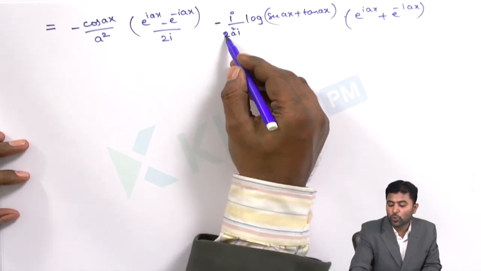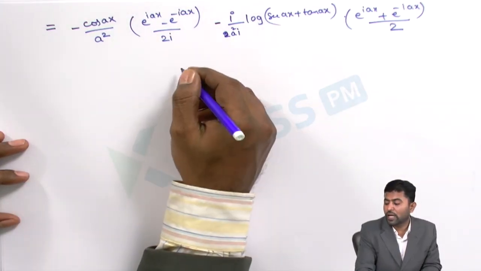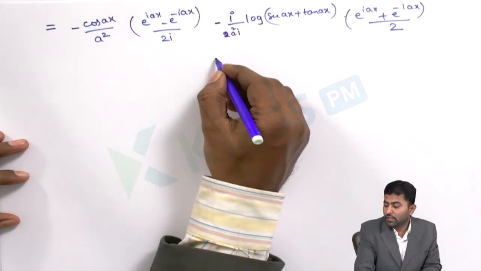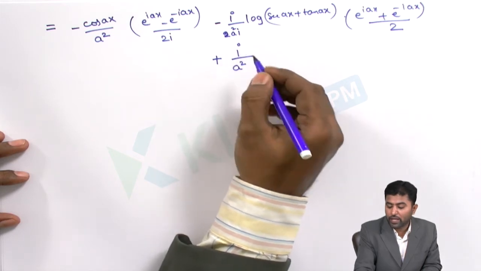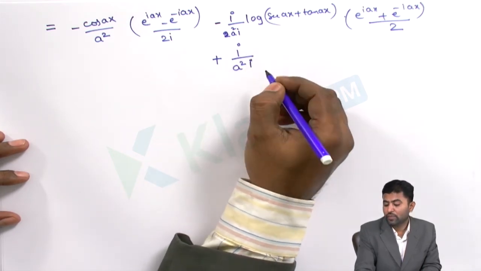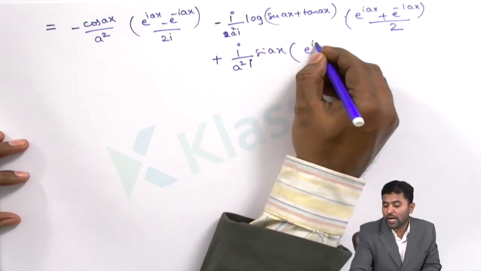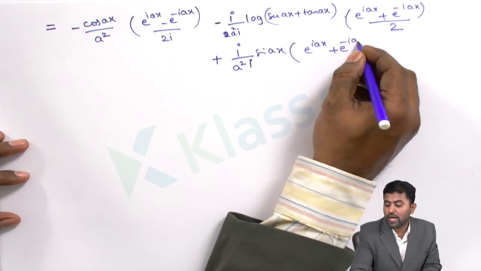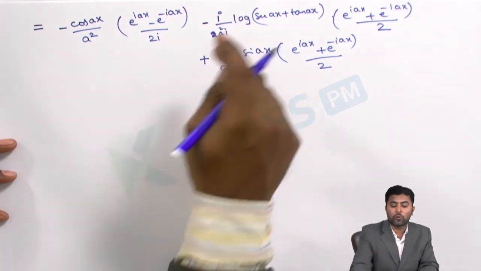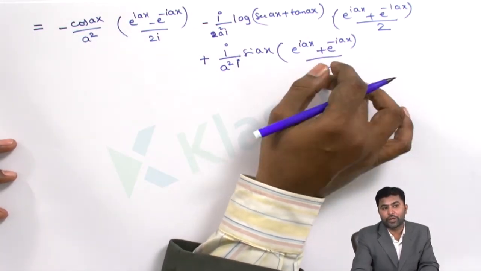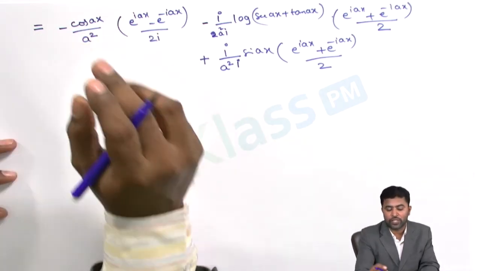I'm sending this here so that I can write that in the form of sin and cos ax. Then plus 1 by a square, sin ax into e power iax plus e power minus iax by 2. I'm keeping a terms and i terms outside, and I'm sending 2 inside. And here I'm keeping the 2i term inside and the remaining terms outside that bracket.